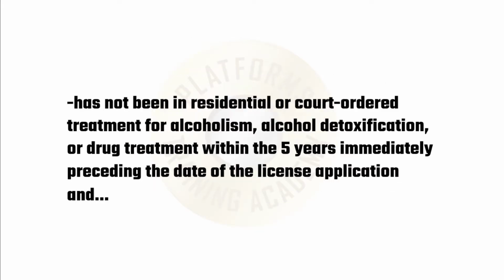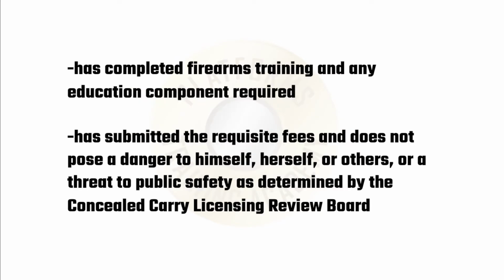This slide states that within the last 5 years, you cannot be a documented alcoholic or drug addict. Next, you have to complete any of the firearms training requirements that are listed by the state and submit any of the requisite fees and not be a danger to public safety.